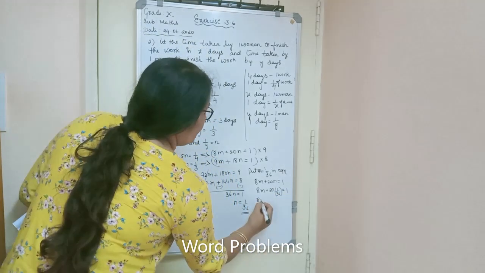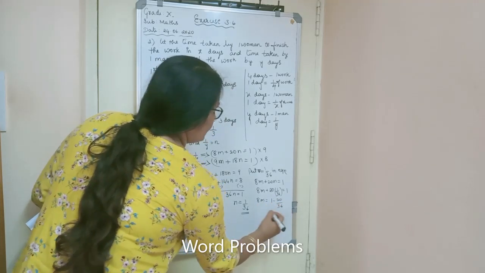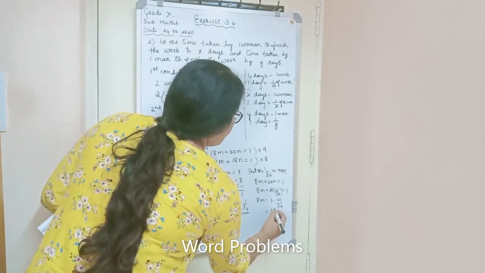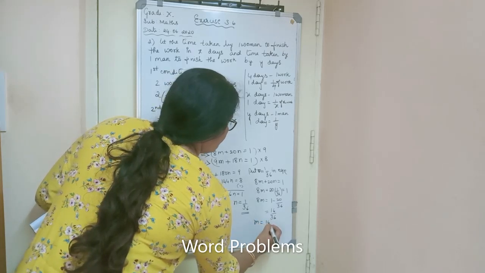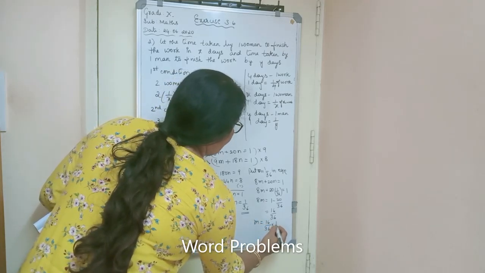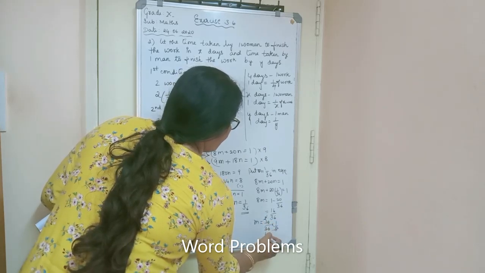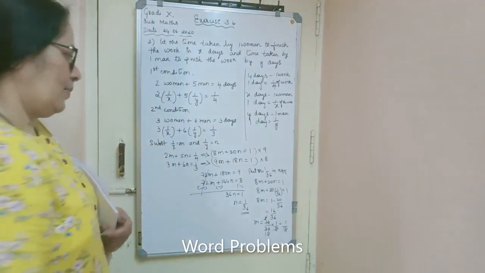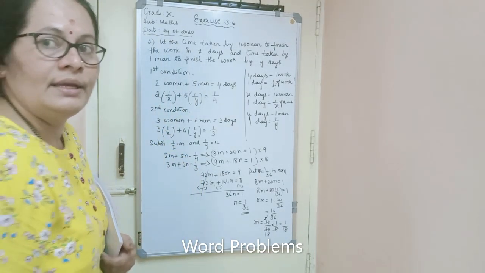So 8m equals 1 minus 20 by 36. So 36 minus 20 is 16, so 16 by 36. So m equals 16 by 36 into 1 by 8, which is 1 by 18. So m is 1 by 18, n is 1 by 36.